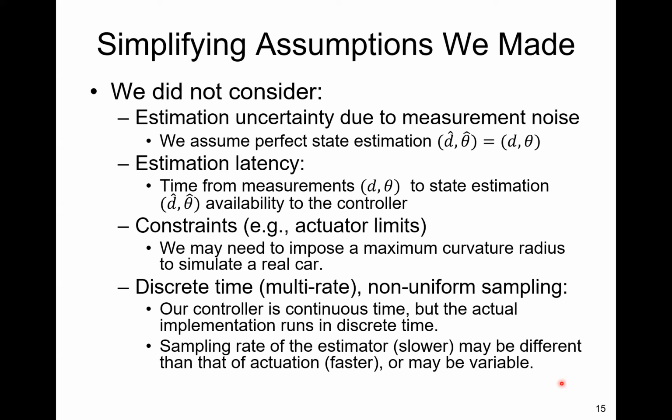The sampling rate of the estimator is typically slower than that of the actuation. The Kalman filter and so on is typically slower than the actuation, which is really approximating the continuous controller.